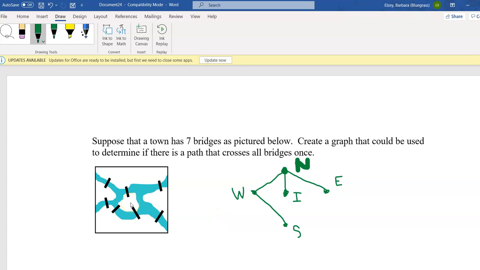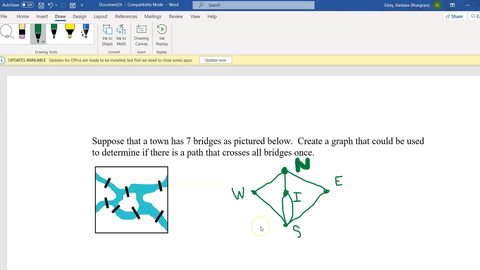From the island here, there are actually 2 bridges to the south. So we'll do it like this. There's 2 bridges. And then from this east landmass, there's a bridge to the south. And we don't have any bridges going in between here. So that is our graph of this situation.